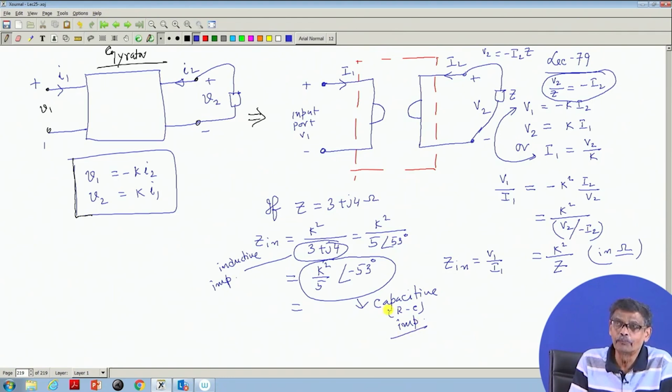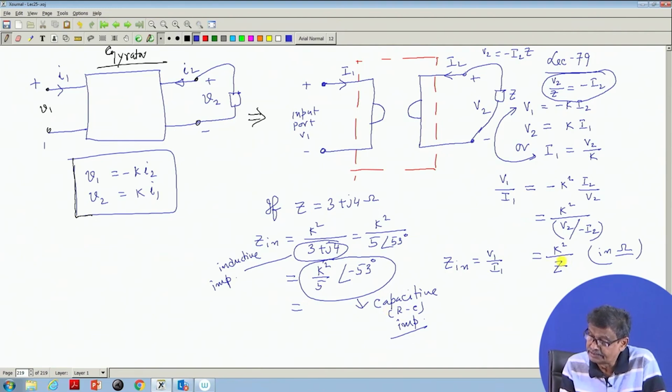Therefore, unlike a transformer, it not only changes the magnitude of the impedance, but the quality of the impedance is also reversed because Z comes below. It is not k square into Z as it happens in a transformer.